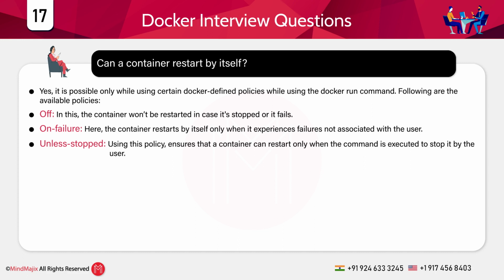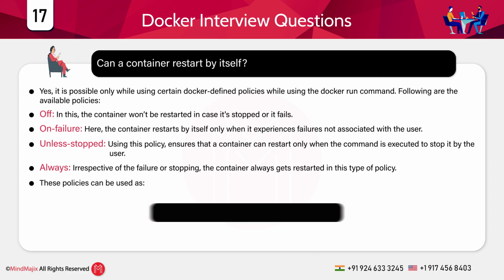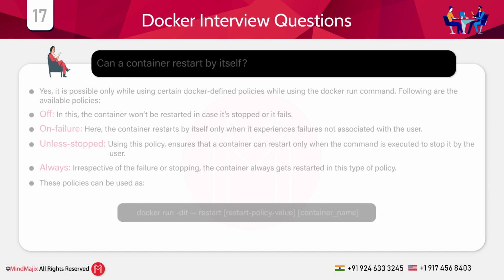And the fourth policy is always: irrespective of a failure or stopping, the container always gets restarted. This can be used as docker container run -d -it --restart flag with the restart policy value, and the container name or the container ID, you can put any.